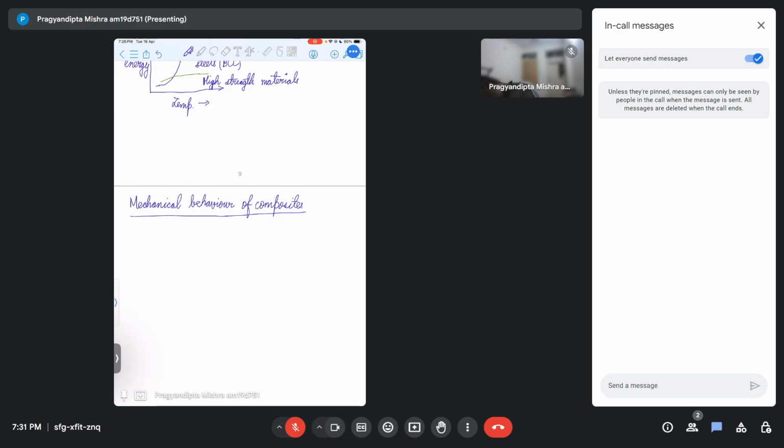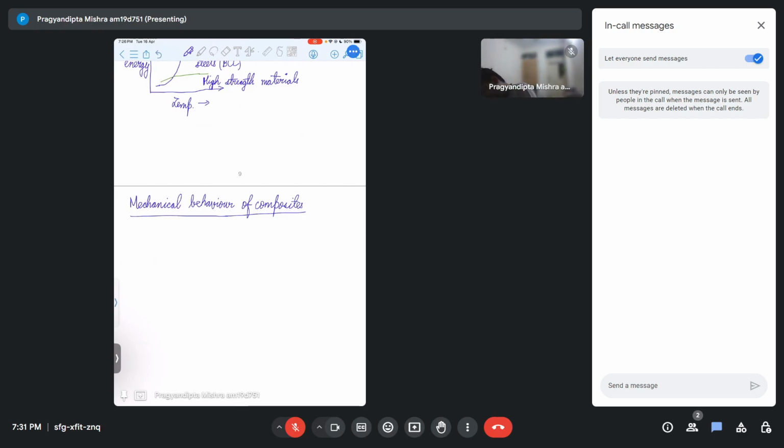And finally, it should be able to take some sort of partial deformation. Some sort of partial deformation, this composite should be able to take.